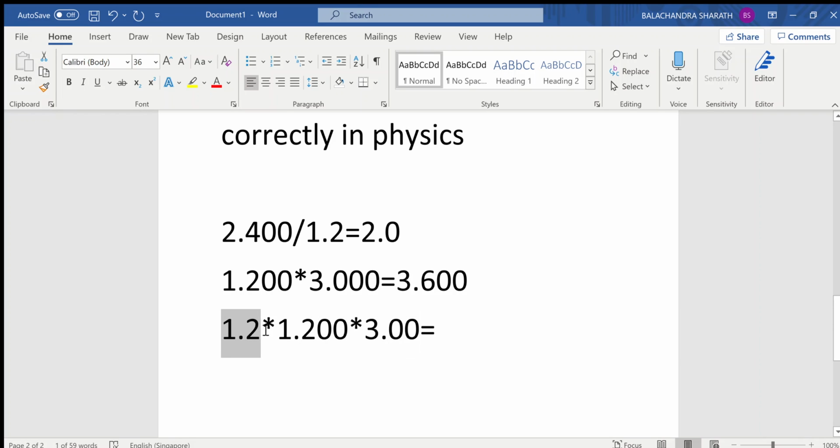So 2, 4, 3. My lowest number of significant numbers is in 1.2, so I have to express my answer in two significant numbers. So the answer will be 4.32, but I have to round off to two significant numbers because 1.2 has the lowest number of significant numbers. So the answer will be 4.3.